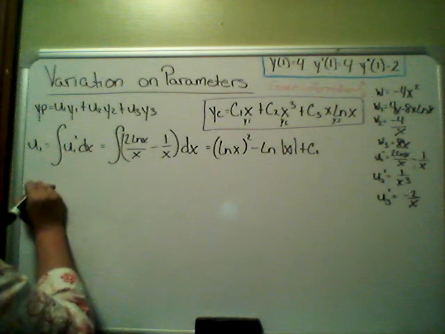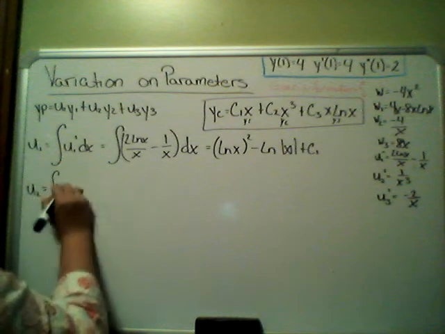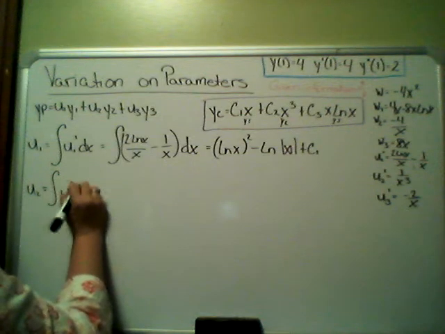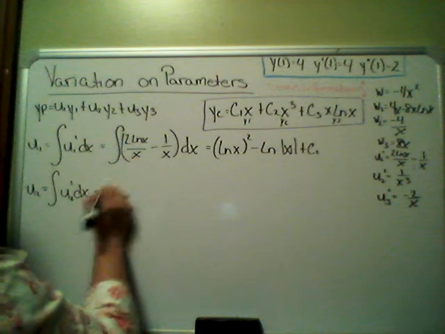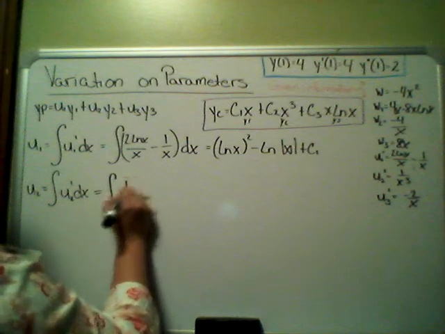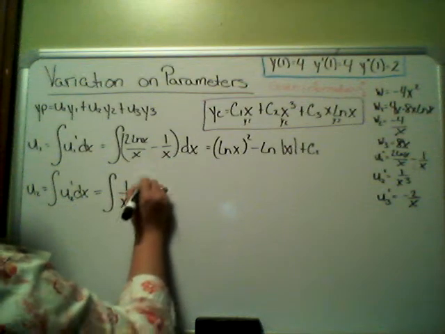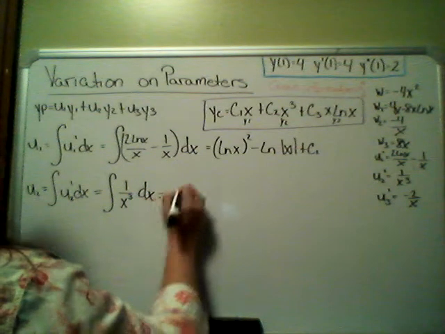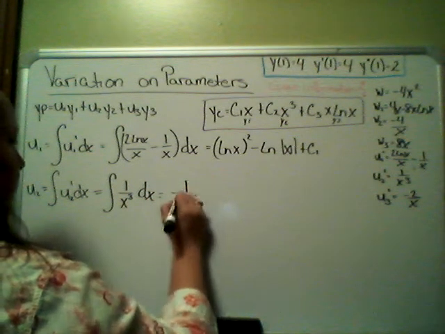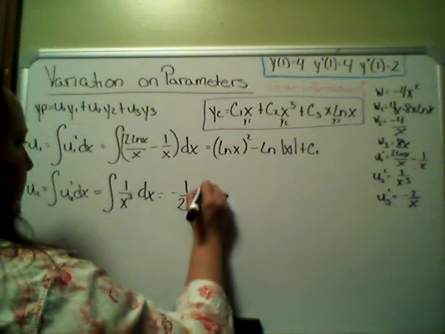So then u2 would equal the integral of u2 prime dx, which is going to equal the integral of 1 over x cubed dx, which equals negative 1 over 2x squared.